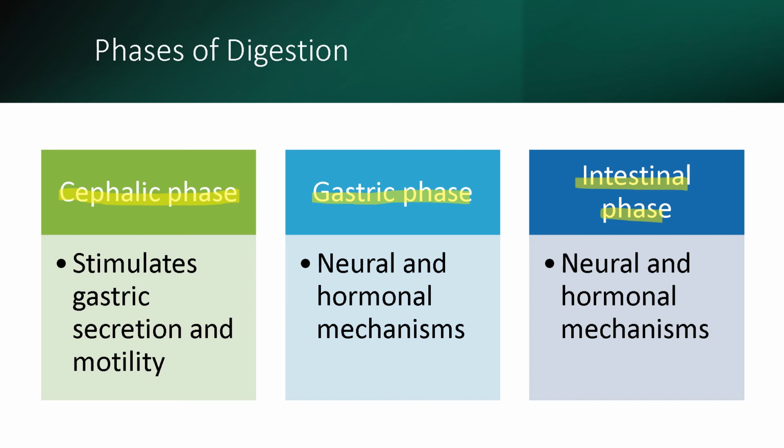So, first, during the cephalic phase of digestion, this is where things like the smell, the sight, even the thought or initial taste of food is going to activate neural centers in the cerebral cortex, the hypothalamus, and the brainstem. Really, the purpose of the cephalic phase of digestion is to prepare the mouth and stomach for the food that's about to be eaten.